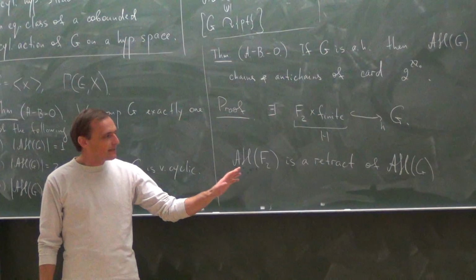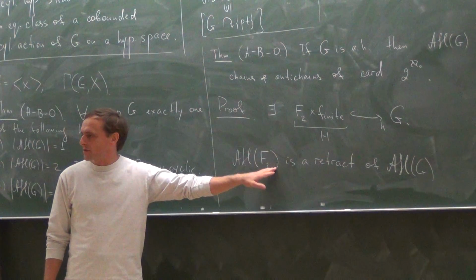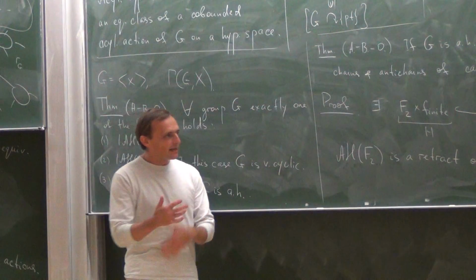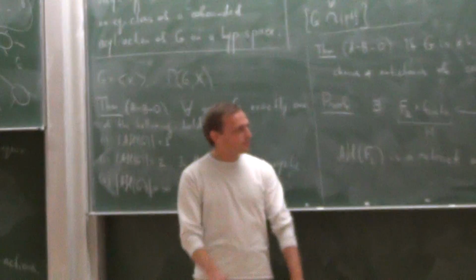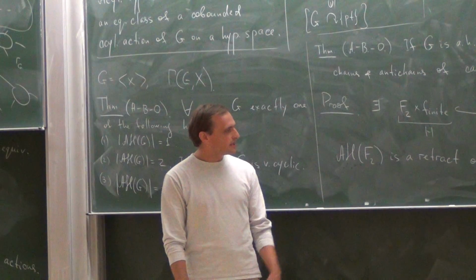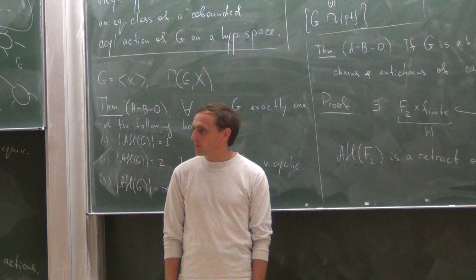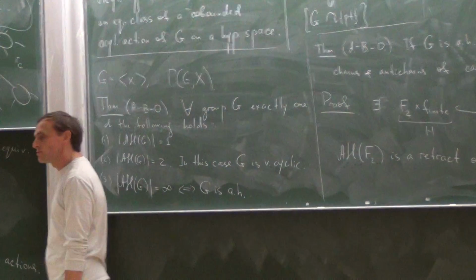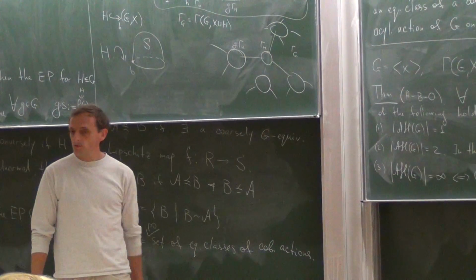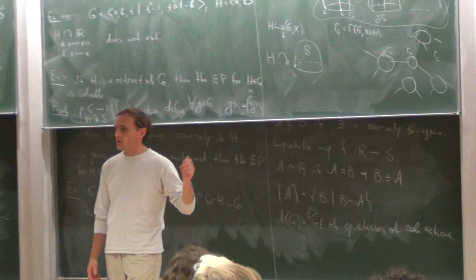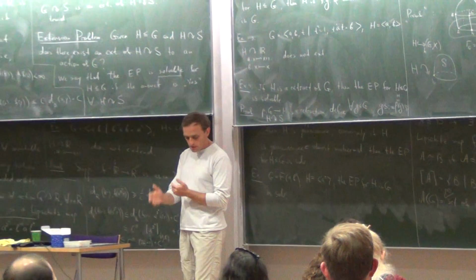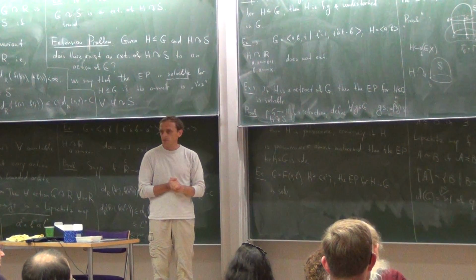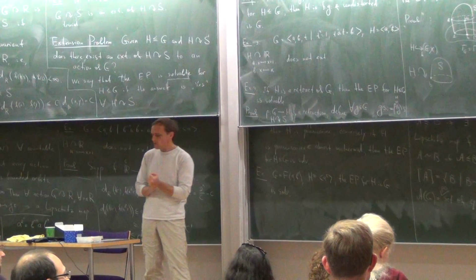There is the trivial element, there is the geometric action, and he found another one. Then this idea can be improved a little bit, and you can use the same technique to show that this is sufficiently complicated, which means that it contains chains and anti-chains of cardinality 2 to the aleph 0. And then we just use the construction. I think Carolyn is going to present another application of this construction. So that's all I wanted to say.